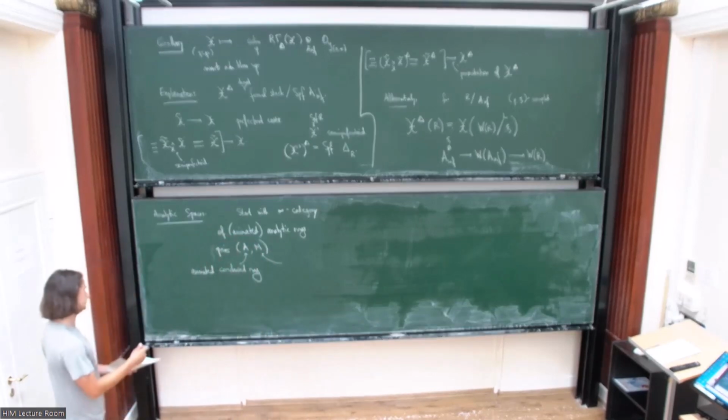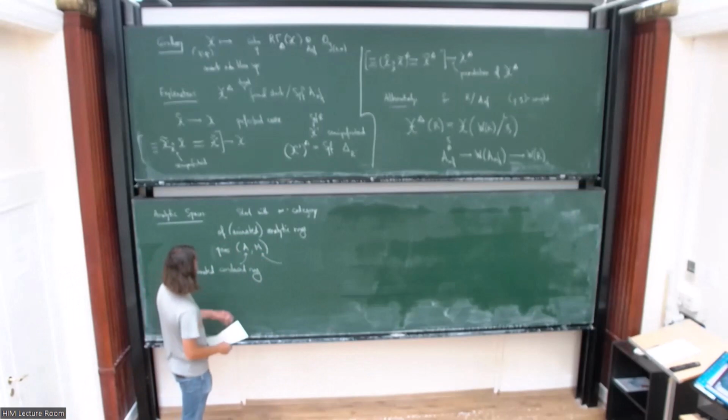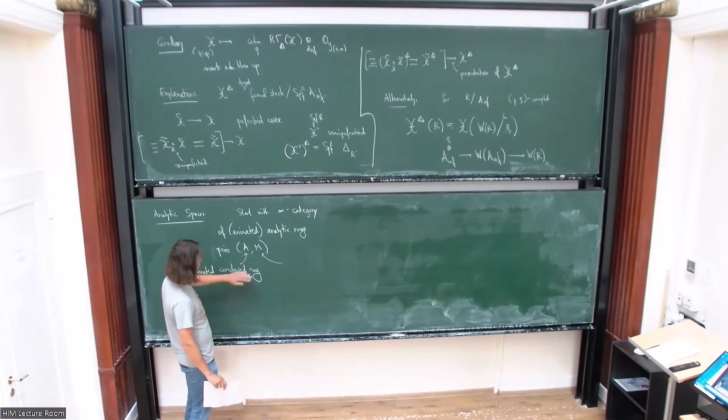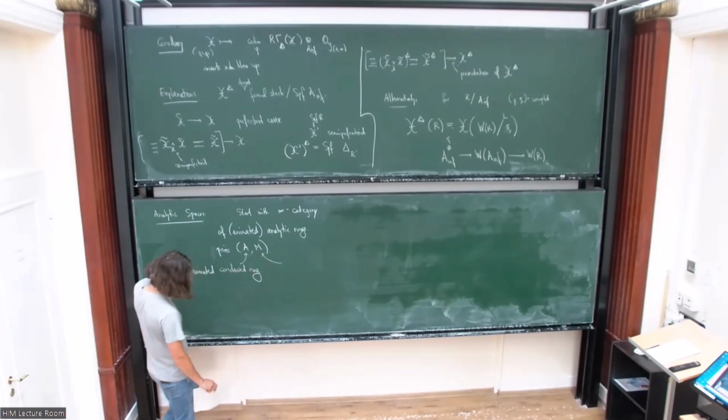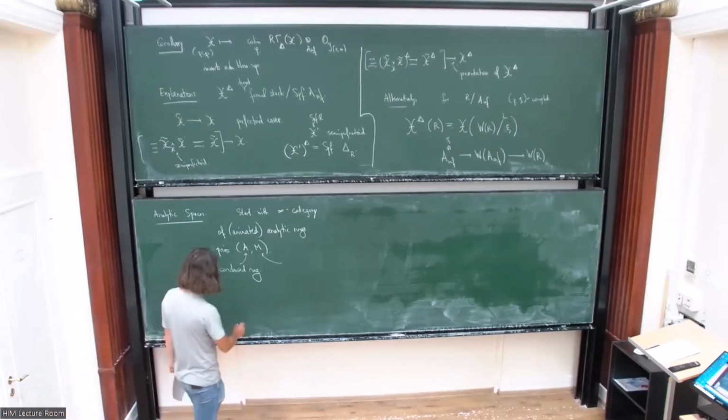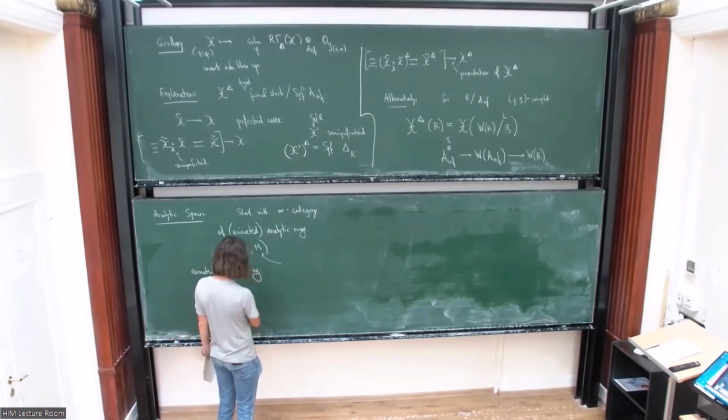There are several different equivalent definitions of what an analytic ring is. It's always a pair of such a condensed ring and some extra data, and what precisely this extra data is depends on your choice; different people have different favorite choices. But what it's meant to do is single out the class of complete A-modules.